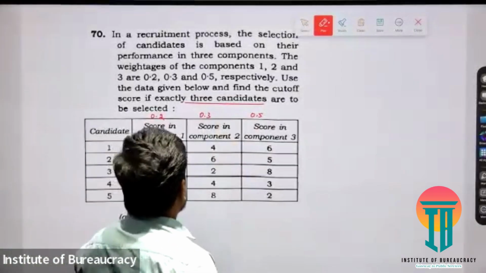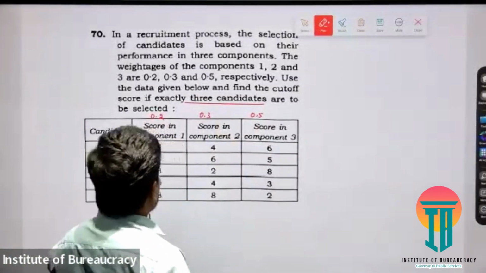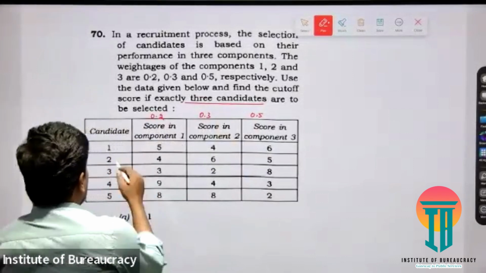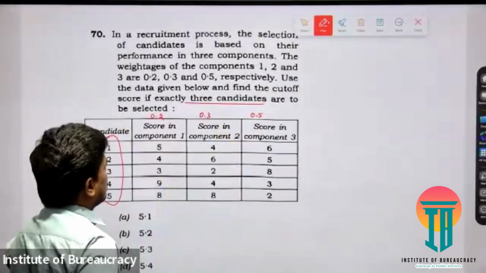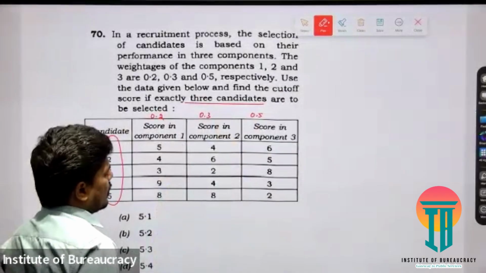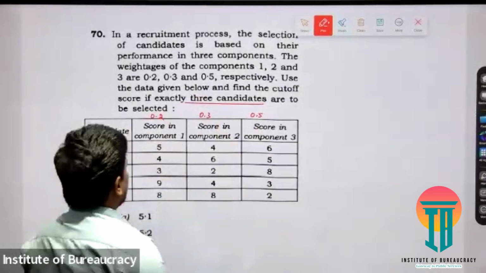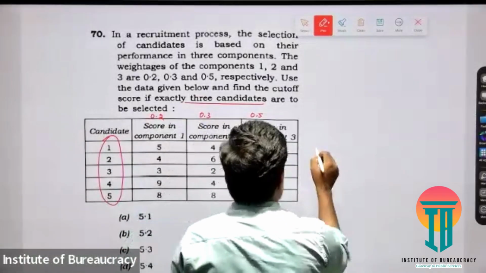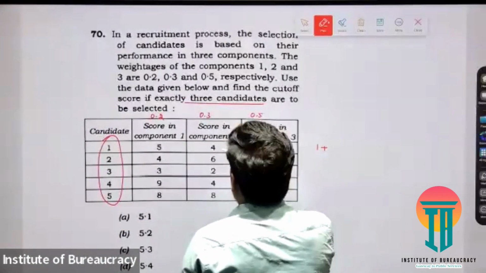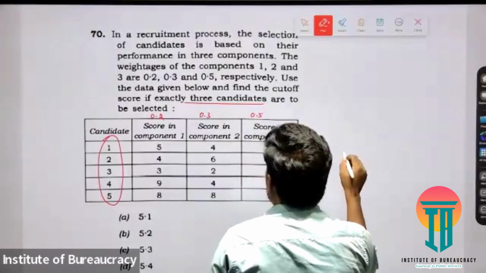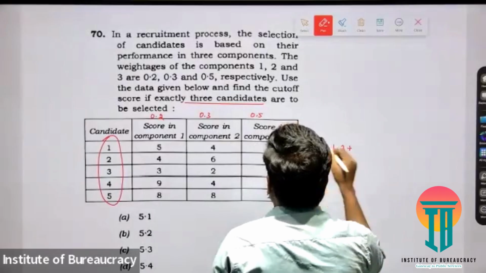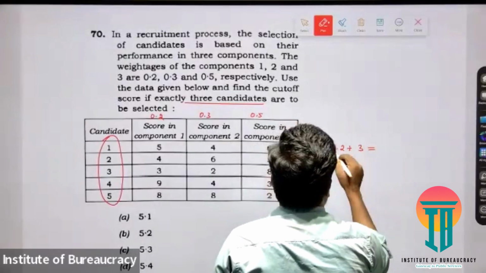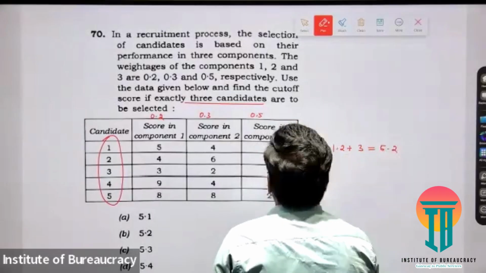So in this case, we have to multiply the weightage for each candidate. There are five candidates. You have to multiply with the weightage for each one and then add them. So first, 0.2 gives 1, plus 0.3 gives 1.2, plus 3 gives 4, so 5.2.